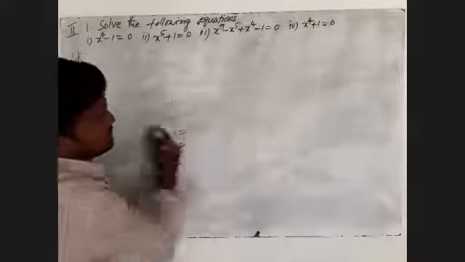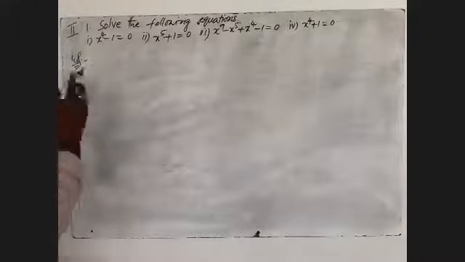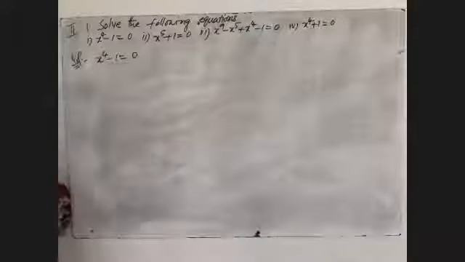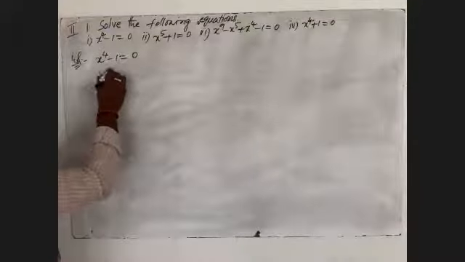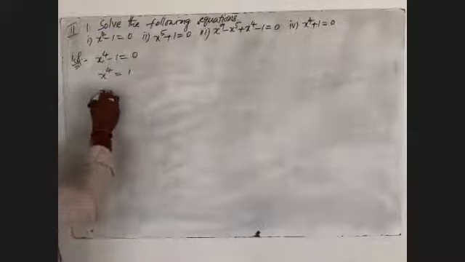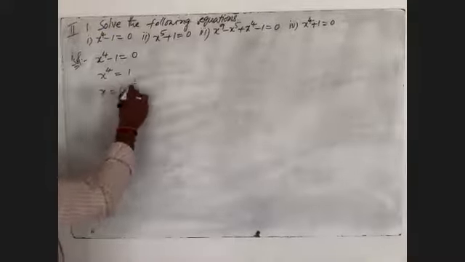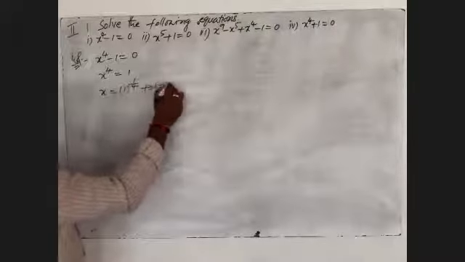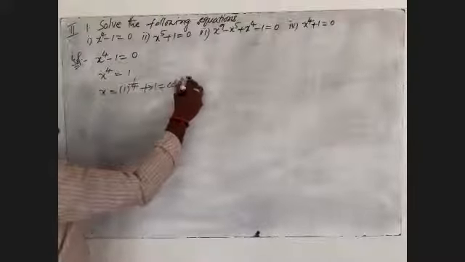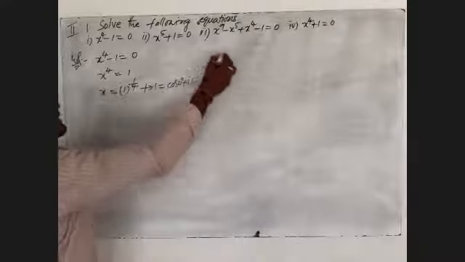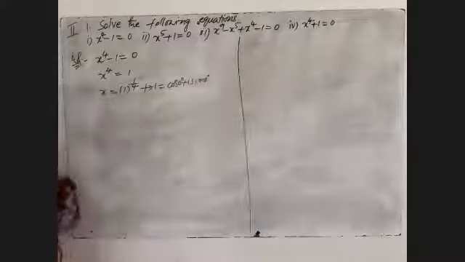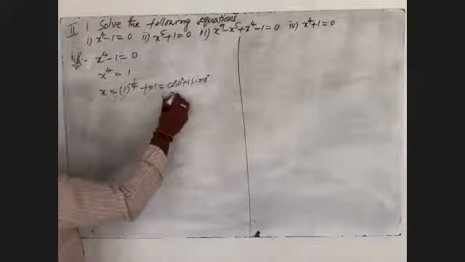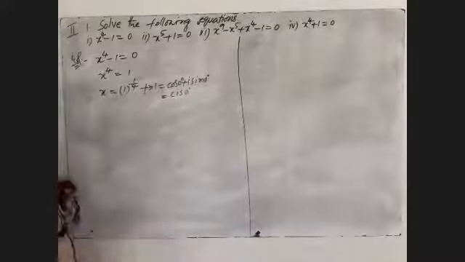What am I asking in the first one? The first one is x power 4 minus 1 is equal to 0. The given equation can be written as x power 4 is equal to 1, so x is equal to 1 power 1 by 4. Now for 1, I have to write cos 0 degrees plus i sin 0 degrees, which is nothing but cis of 0 degrees.